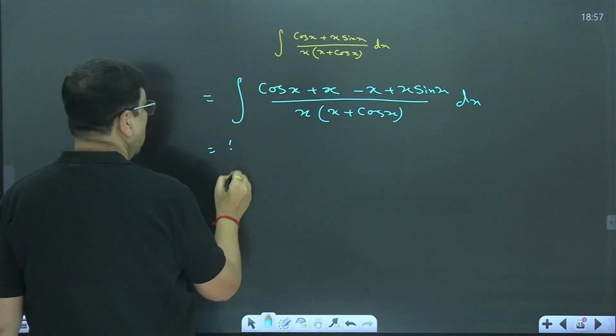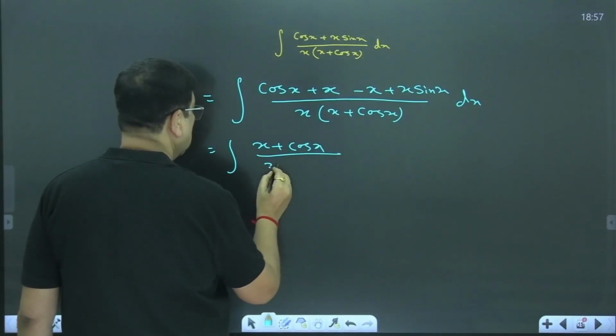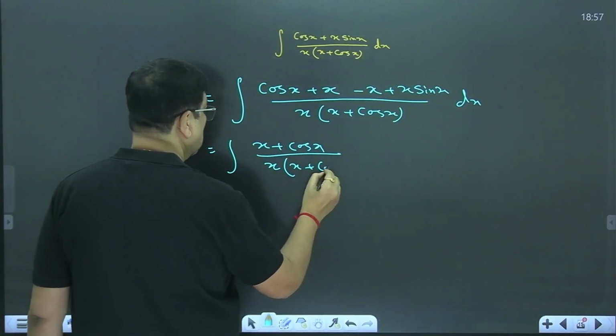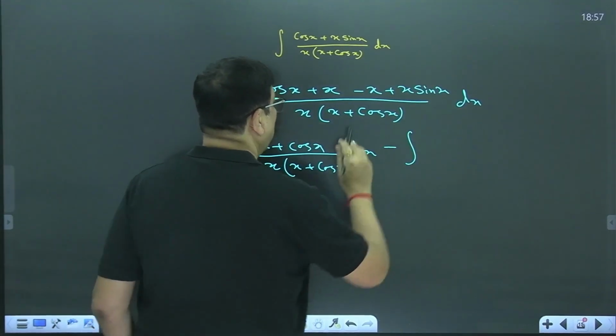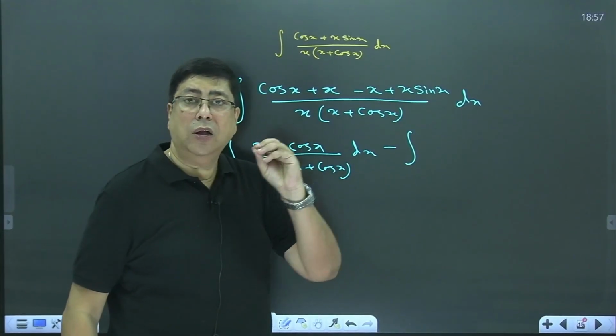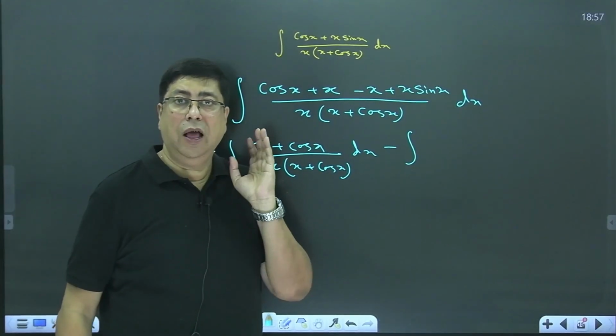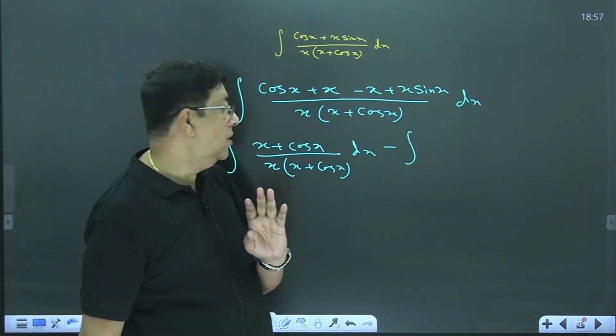So we can say here x plus cos x by x into x plus cos x dx, minus, if I take from this side, from this I am separating, because there are two ways. Either we have to cancel, otherwise you have to take anything as t whose derivative is present in the sum.